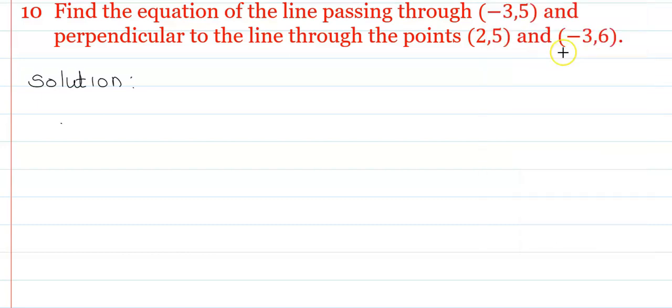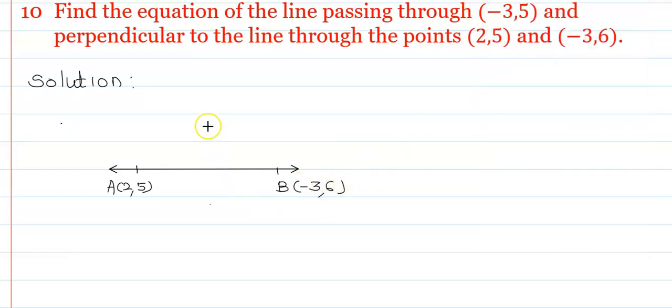We'll have the first line, and the given line passes through the first point A (2, 5), and here the point B (-3, 6).